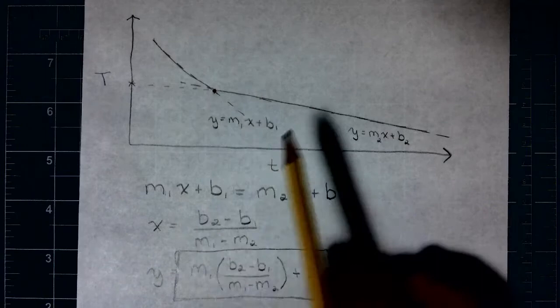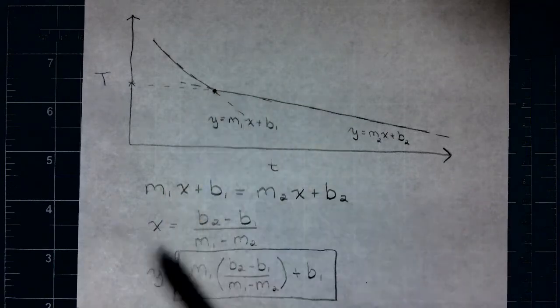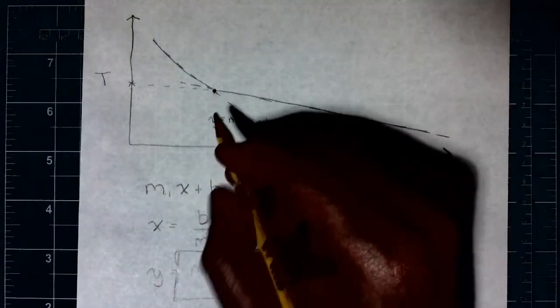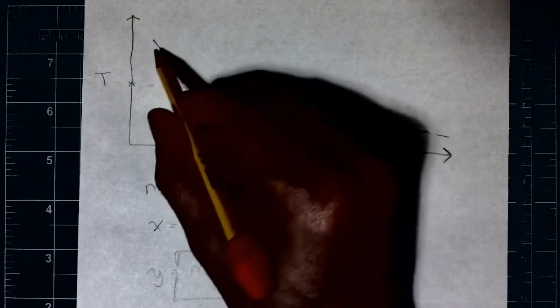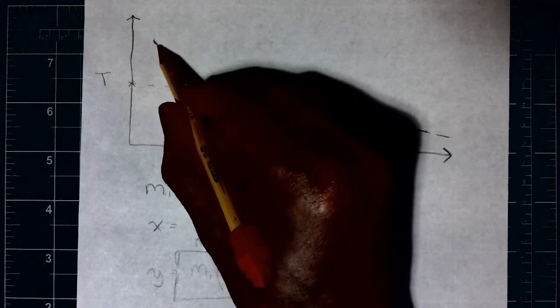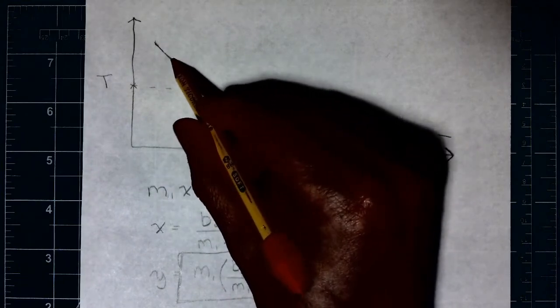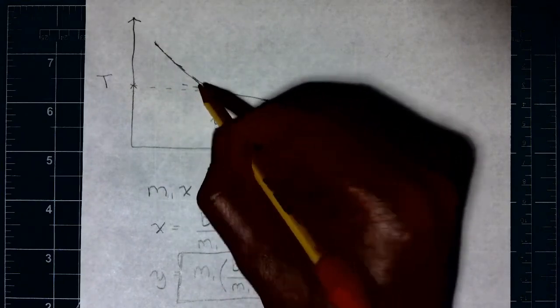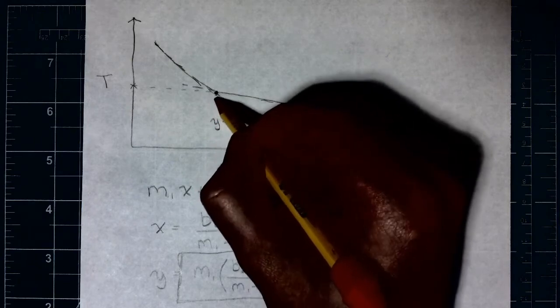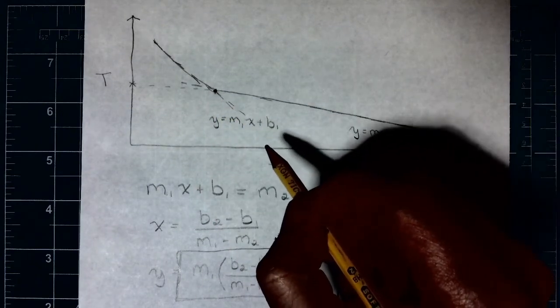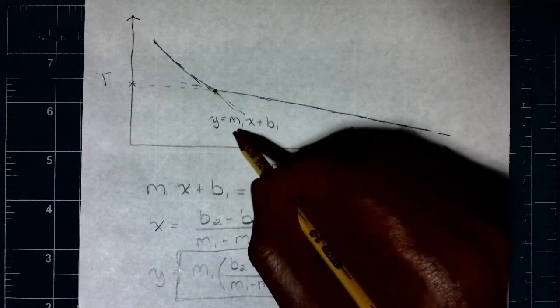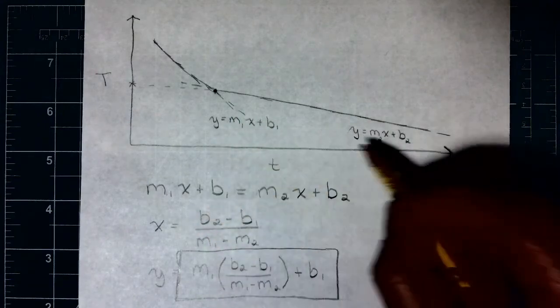What we have to do is figure out what this point is. And typically what we're going to do is have a line, like a linear regression, represented by this section here, and we're going to get an equation for that, y equals mx plus b.